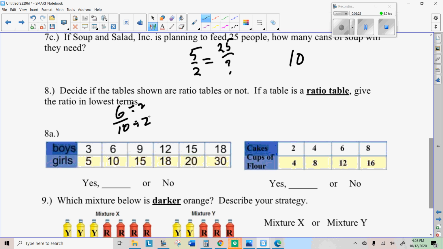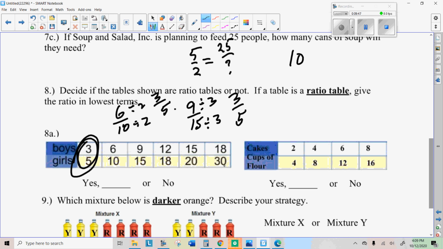That's the greatest common factor, and that gives me 3/5, which is that one, right? And you got to check 9/15. I'm going to divide those by 3, the greatest common factor, and that's 3/5. So that's the same again, 3/5.